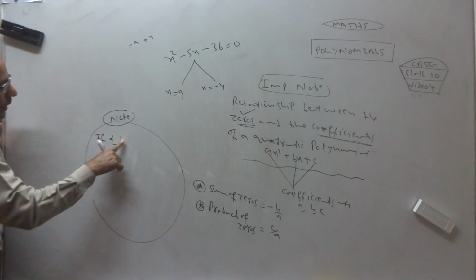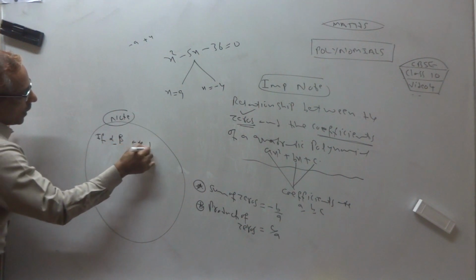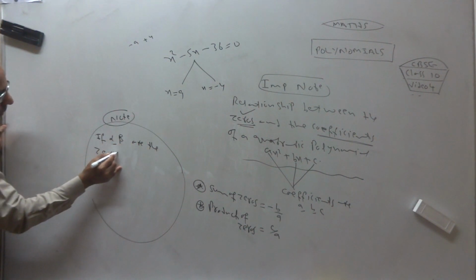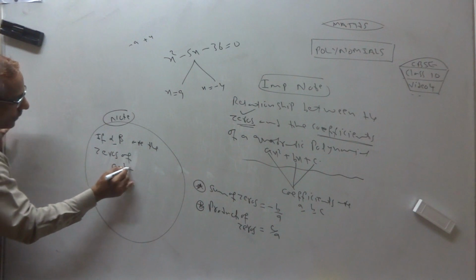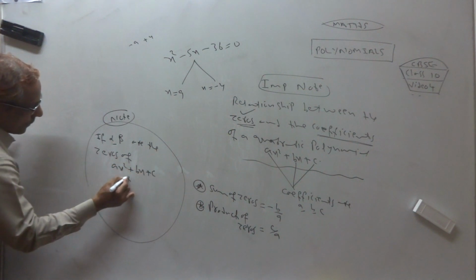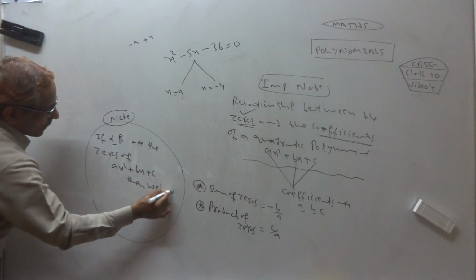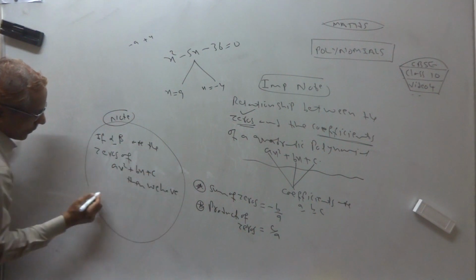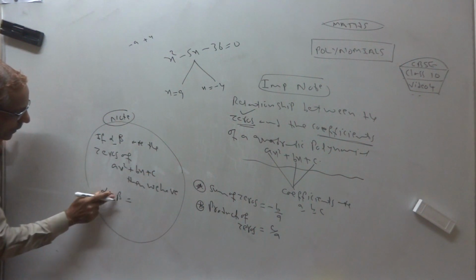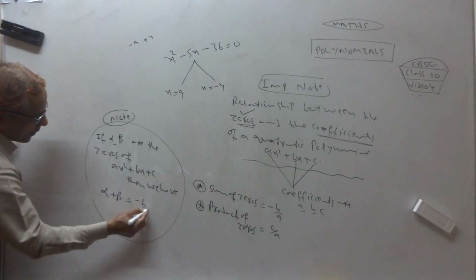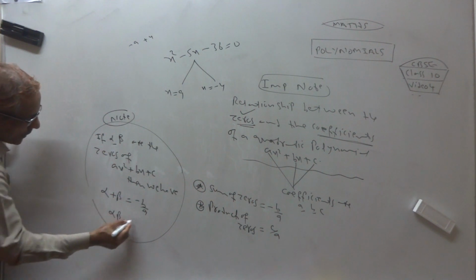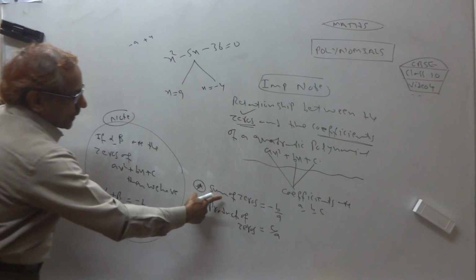If alpha beta are the zeros of this, then we have alpha plus beta is minus b by a, alpha beta is c by a. Same thing it is. See, sum is what?